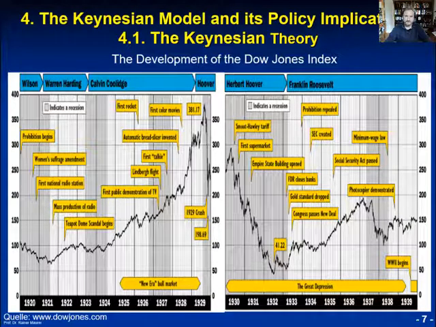The Dow Jones lost 13% on Monday and 12% on Tuesday. Stock prices fell from their maximum at 381 to a level of 198 in a couple of days.